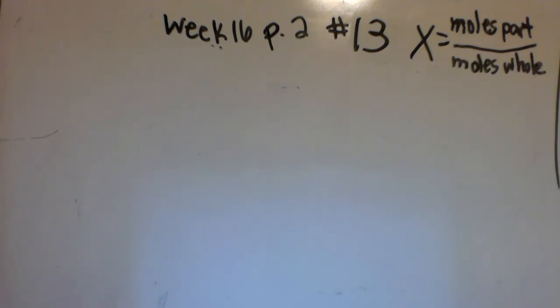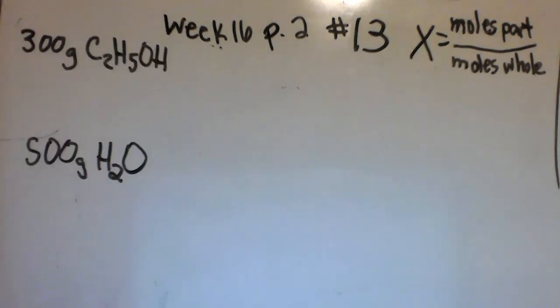Now this question asks for the moles of each component. So we have two components. We have ethanol and we have water. Since our units are in moles, we have to convert both of our components to moles.